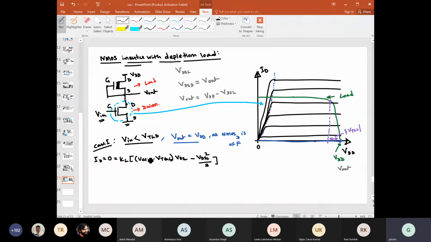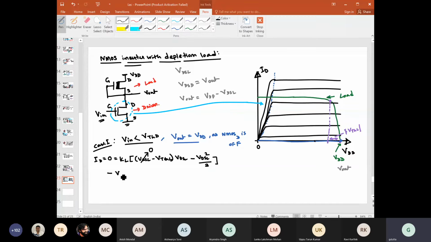Now what is this VGSL? VGS is always 0 for this load transistor, so this is 0, and this is VTHL. Before VTHL we have a negative sign, so we keep it like this. KL is not equal to 0, so we can write only the inner part equal to 0.